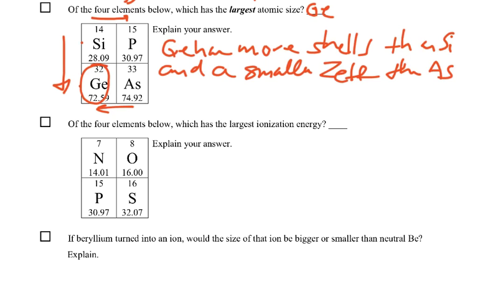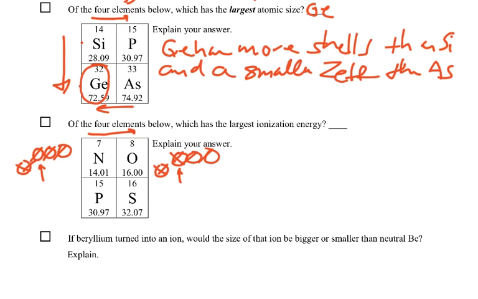Okay, of these elements, which has the largest ionization energy? Well, here it's a little bit tricky because as you go across, they're going to get smaller atoms, and smaller usually means it's harder to pull off electrons. However, we're talking about nitrogen family and oxygen family, and in nitrogen family, the electrons are coming from a p orbital, but it's a p orbital that only has 1 electron in it, whereas in oxygen it's a p orbital with 2 electrons, so there's going to be electron-electron repulsion.